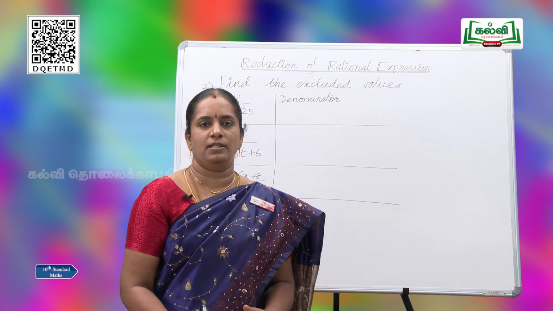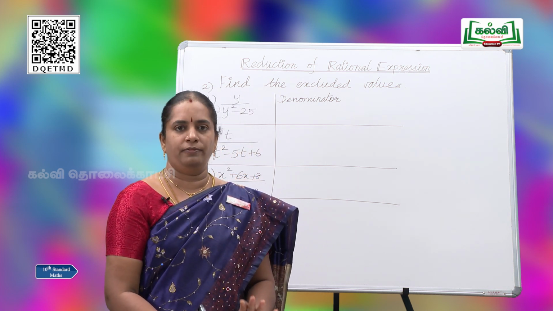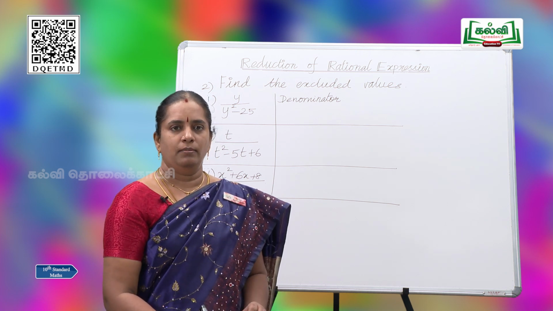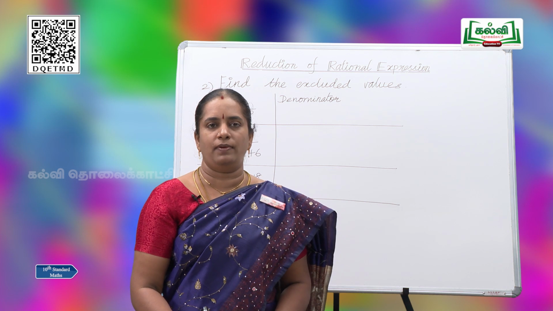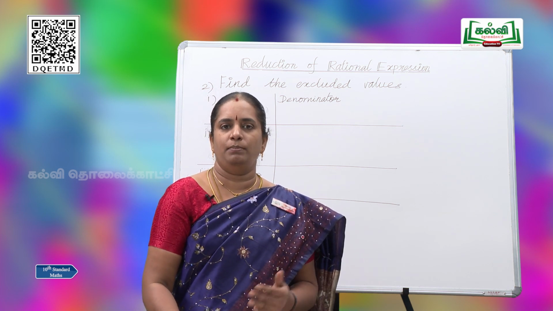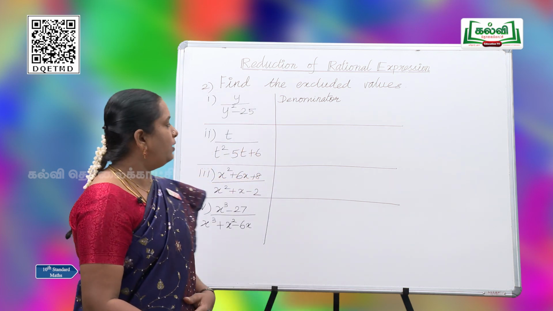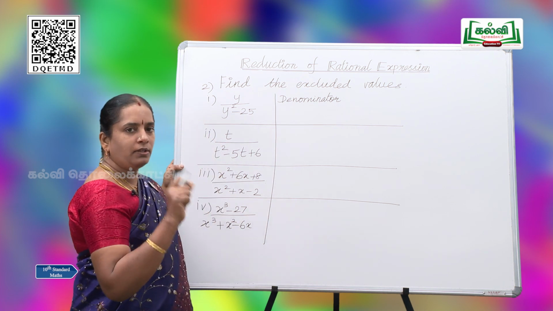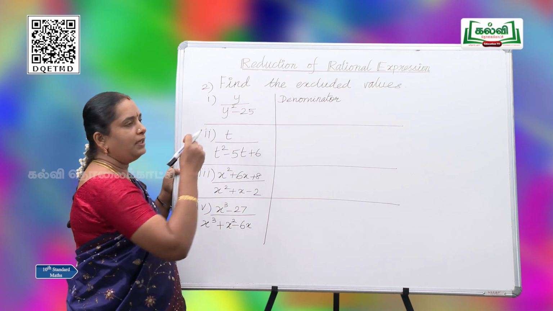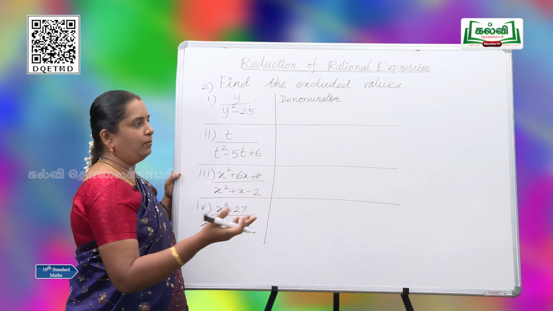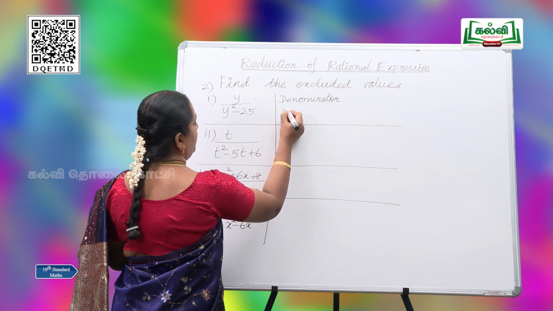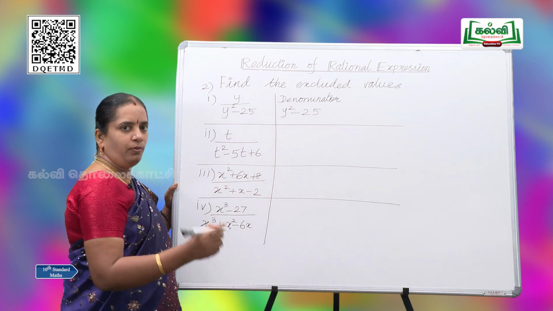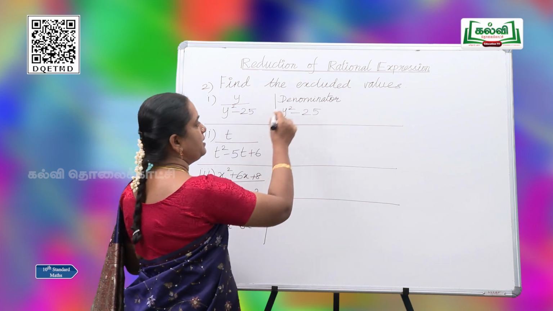While we express a rational expression, we have to say that these values are to be excluded, because if we have those values the expression becomes undefined. So, we are going to find the denominator and see for what values of y the denominator remains 0. We are going to take the denominators only.